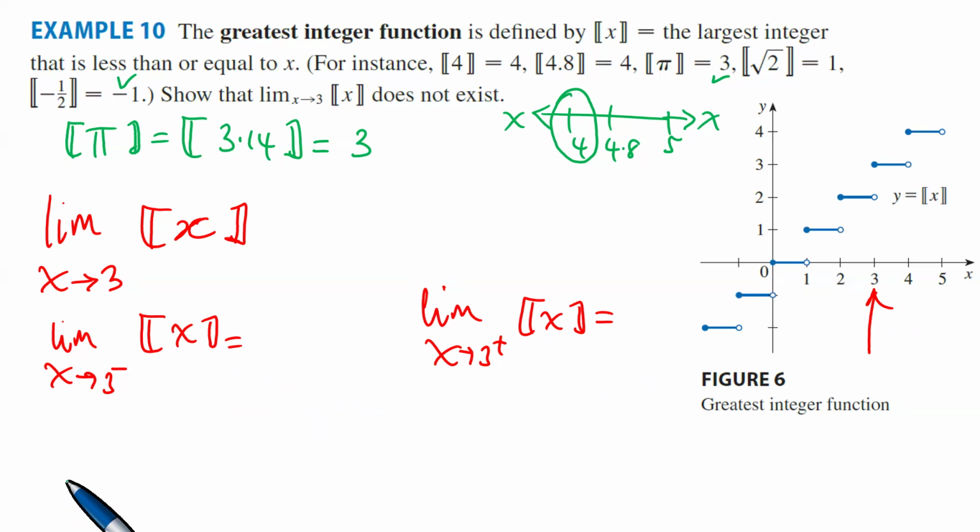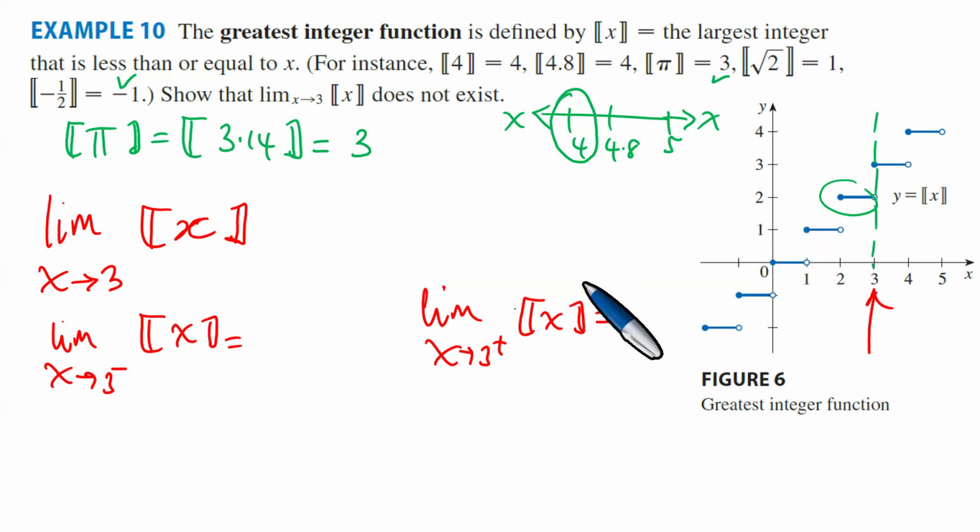Here is 3, but from the left of 3, the function itself is actually equal to 2.